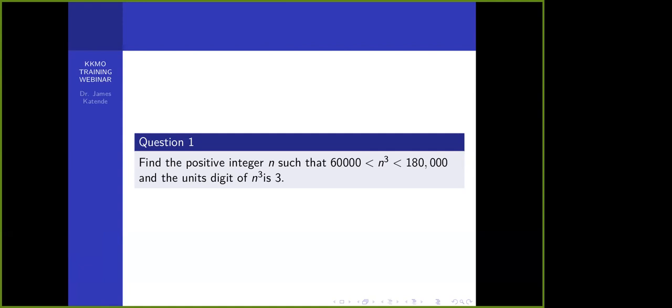And then again by trial and error, I realized that 60,000 to 120,000 is from around 38 cubed to around 52 cubed roughly. So the only number ending in 7 that's in that range is 47. So I think that's my value for n.